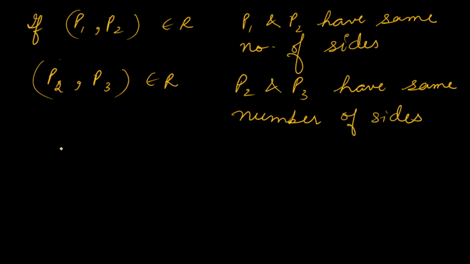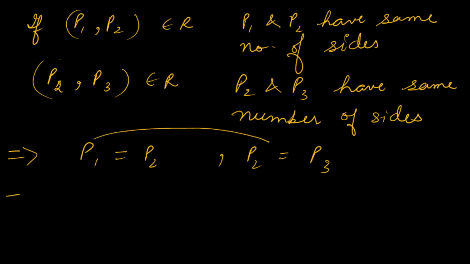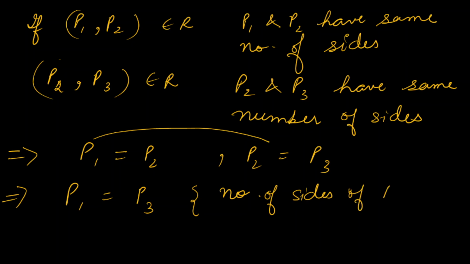So what does it mean? P1's number of sides is equal to P2's, and P2's number of sides is equal to P3's. So it means P1's number of sides is equal to P3's. The number of sides of P1 and P3 are the same.